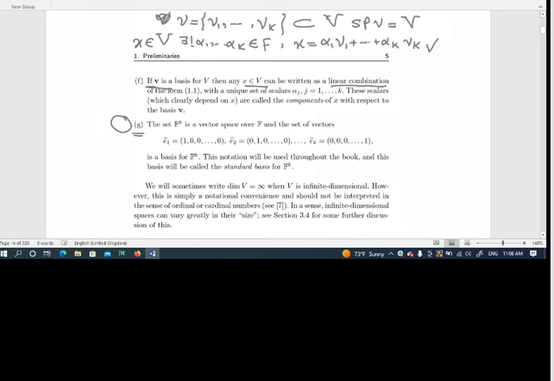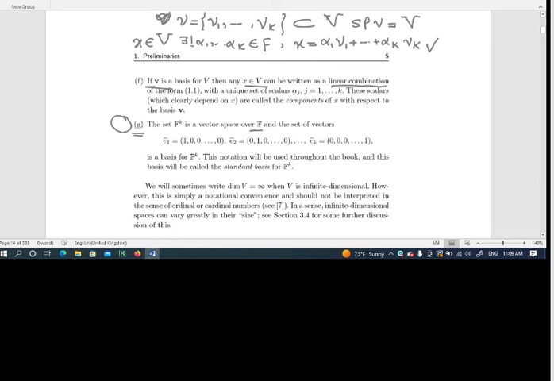The set Fk, meaning all k-tuples of elements of F, is itself a vector space over F. And a basis like this: E1 equals 1, 0, 0, ..., 0; E2 equals 0, 1, 0, ..., 0; and Ek equals 0, 0, ..., 1.